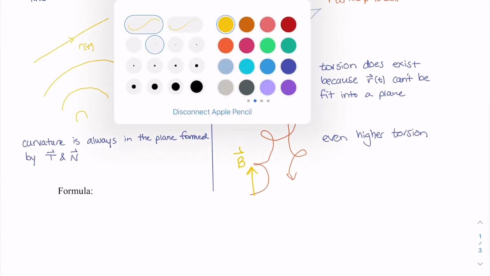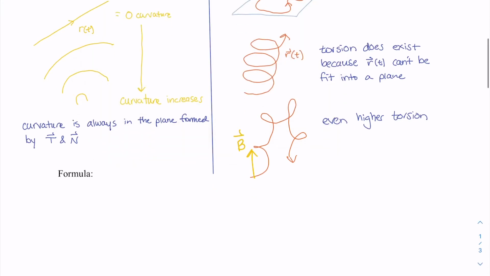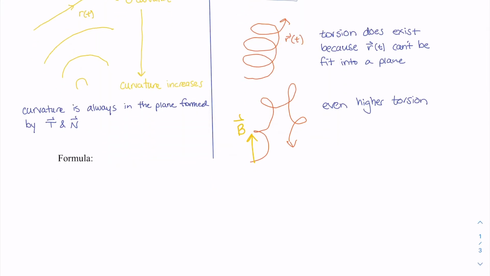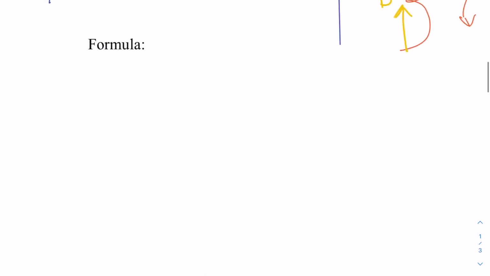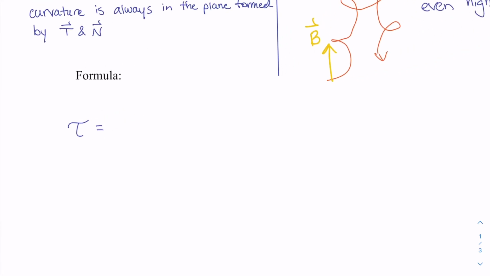So the symbol we usually give to torsion is the Greek letter tau. So capital tau, which is Greek for t, for torsion. And the derivation of this formula is beyond the scope of this class, so I'm just going to give it to you. And you can just plug in the values to get torsion at any given point on the curve.